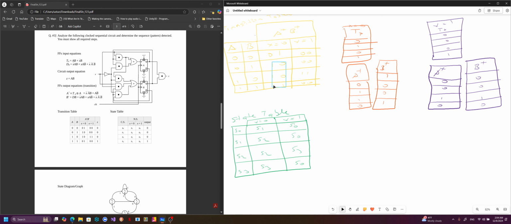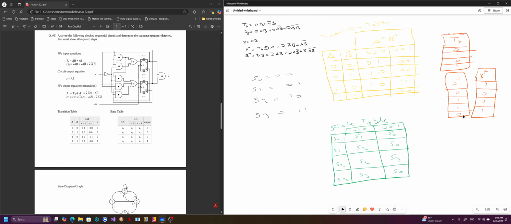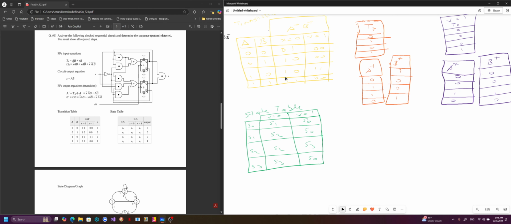Why? Because this will be 0, 1, and 0, 1 equals S1. So since we made a mistake here, I will change the answer. But here we don't have any mistakes, so S0, S0, S3, and S0.